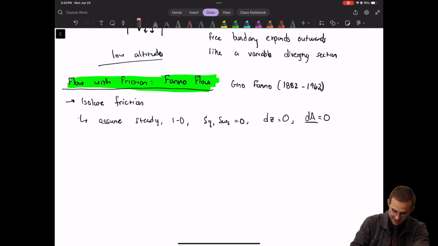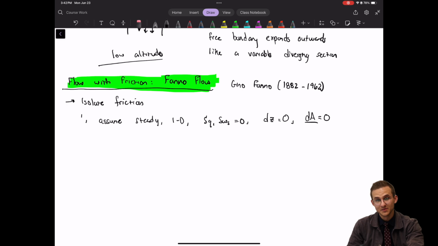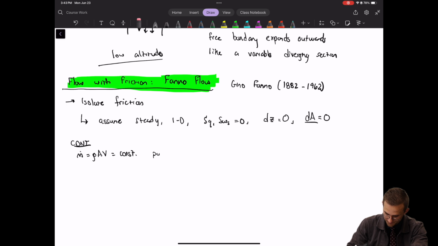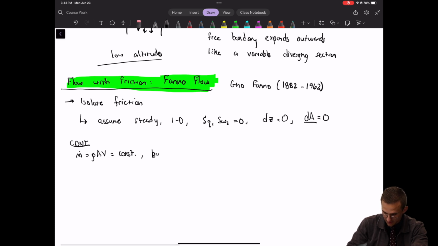Okay, so up until now that would basically make our problem completely boring, but we're going to allow friction into the equation when we talk about momentum conservation. But first, we're going to talk about mass conservation, continuity. We know that for this setup, rho A V is going to be a constant whenever we have 1D steady flow. But A is also constant.